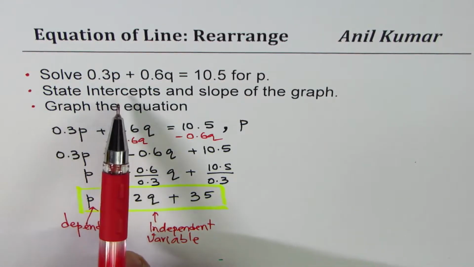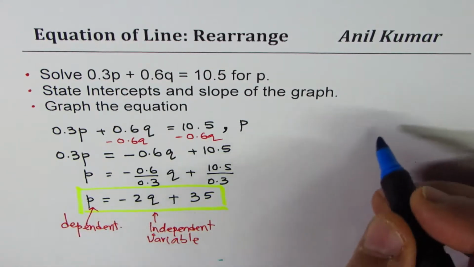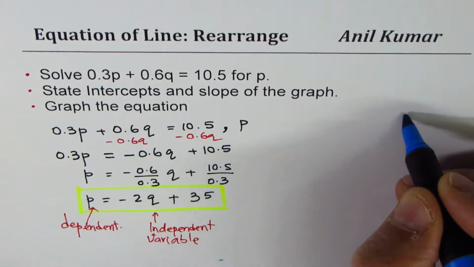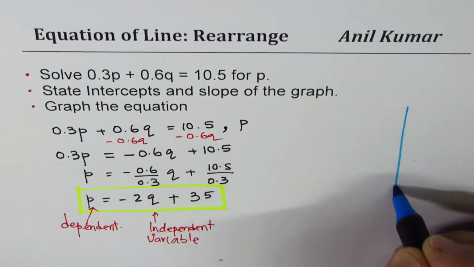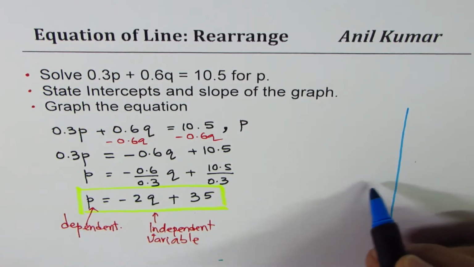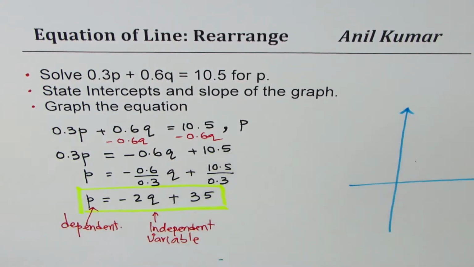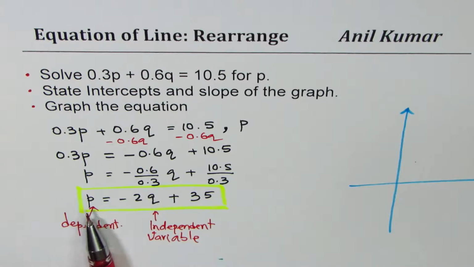Now second is state the intercepts and slope. So what are intercepts? If you sketch a graph, let me make room for the graph here. So I'll allocate this space for the graph. Now, we have already defined p as dependent on q.